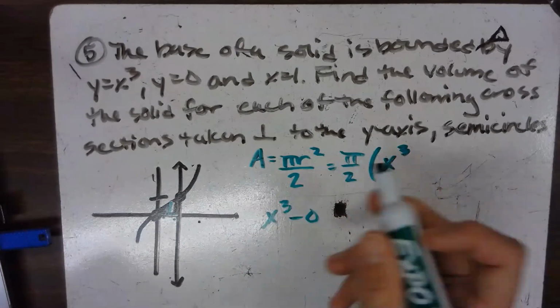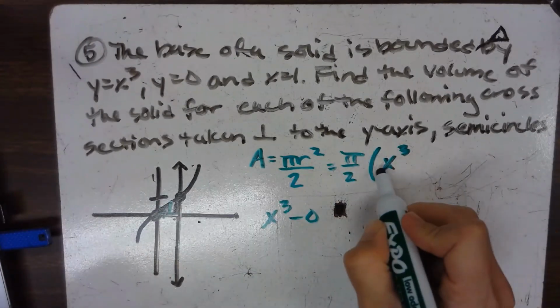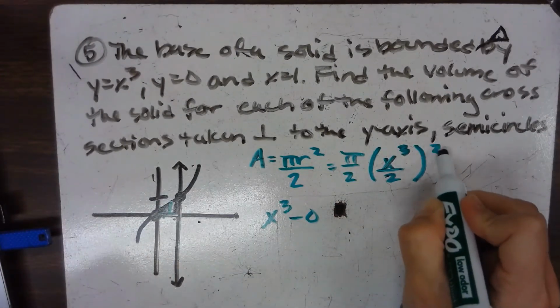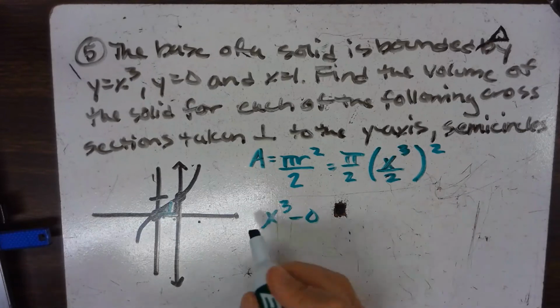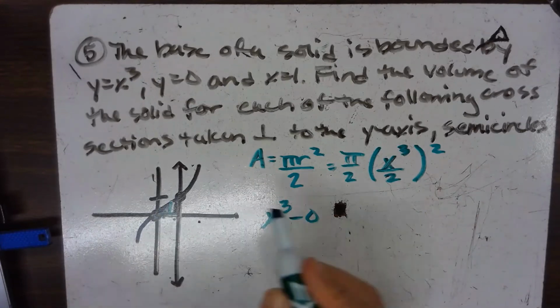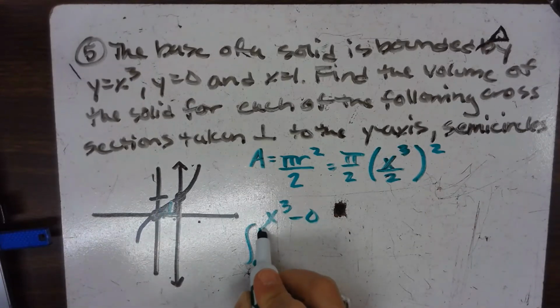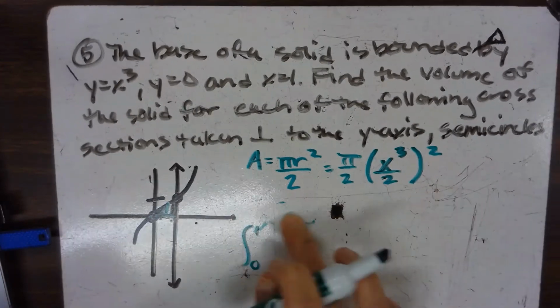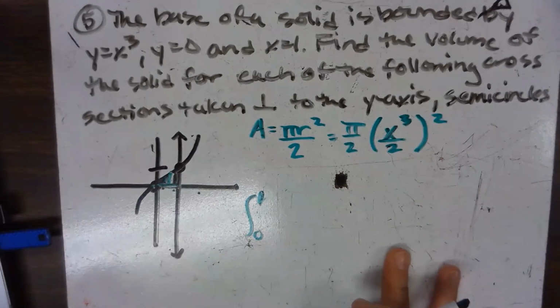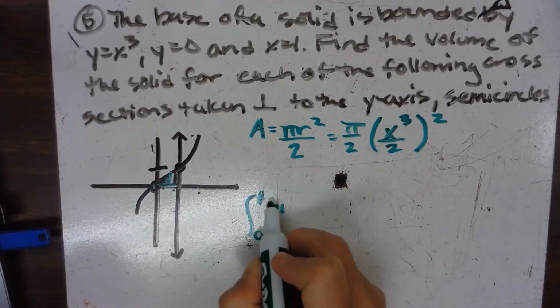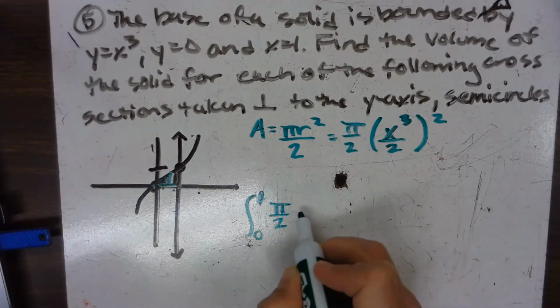However, you got to divide it in half. So I would be going from the x values of 0 to 1. I'm going to pull out the pi over 2.